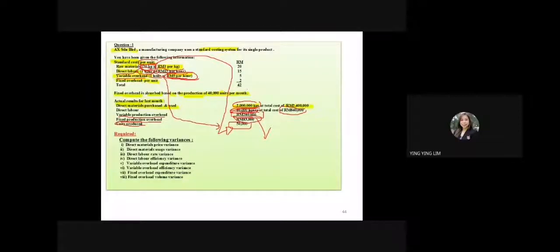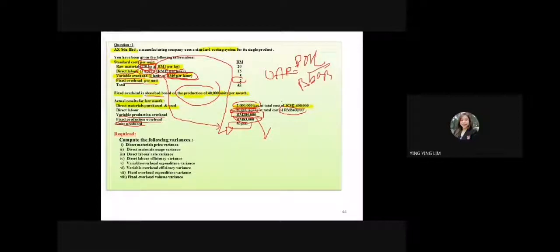But your budgeted fixed production overhead, you don't know. But what you know is that your fixed overhead per unit, your FOAR, is 2 ringgit, and your basis here is absorbed on the production of 40,000. So your budgeted basis here is 40,000. So you have to apply back your OAR formula. How to get OAR? You use budgeted overhead divided by your budgeted basis.